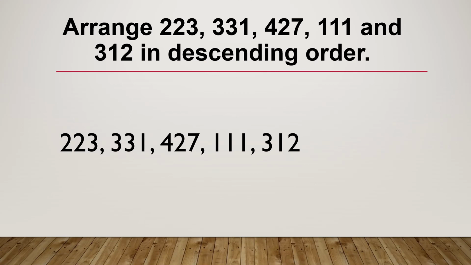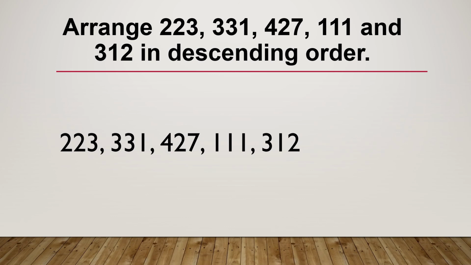Now let us take one more example. Arrange 223, 331, 427, 111 and 312 in descending order. Descending order means arranging the given numbers from greater number to smaller number. So first count the digits.